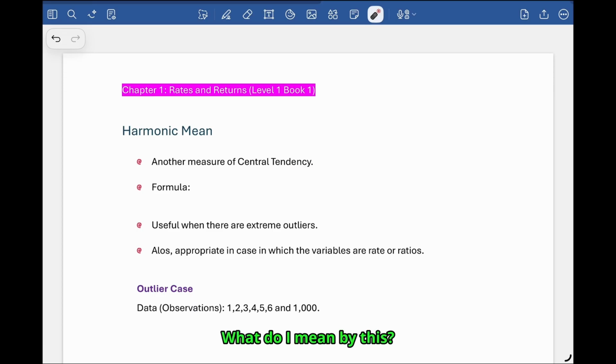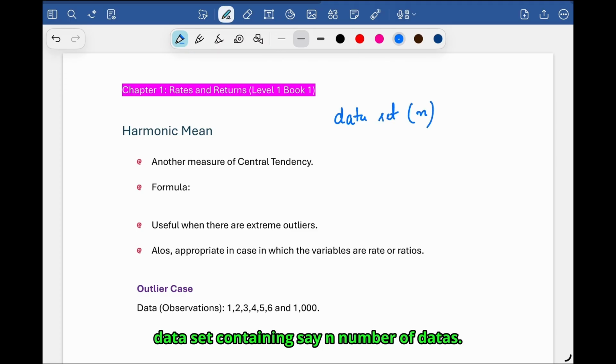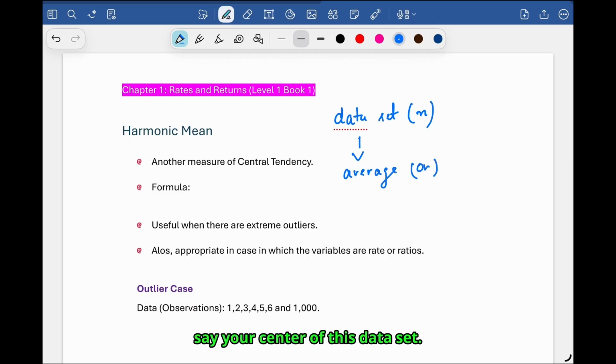What do I mean by this? What exactly is central tendency? If you have, say, a data set containing n number of data, central tendency is a measure which is used to represent the average, or the center, of this data set.